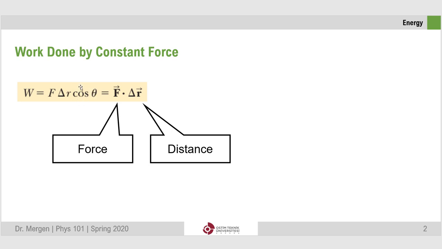Therefore, there is a cosine theta over here to calculate that component of the force in the direction of the movement. So this is familiar from the last slide, and this operation is actually the scalar product operation, which can be defined like this.